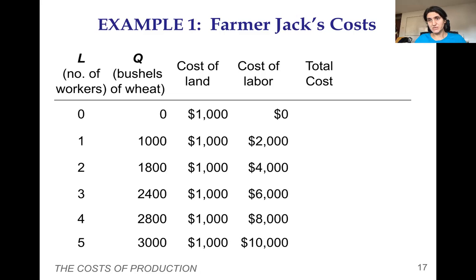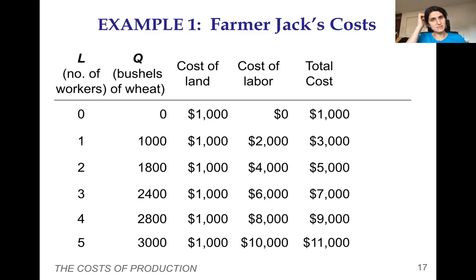It is changing depending on how many workers you have, and total cost is the sum of fixed cost plus variable cost. Fixed cost is the cost of land, 1,000 in here, and variable cost is the cost of labor. So we sum. If you have one worker, total cost will be 3,000.